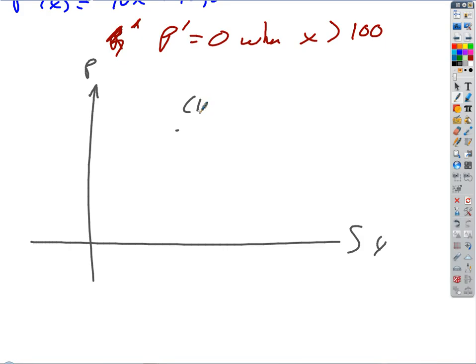When X is 100, the price is 900, and as the number goes down, the price goes up here. So we get a point, this is going to be 99, 945.